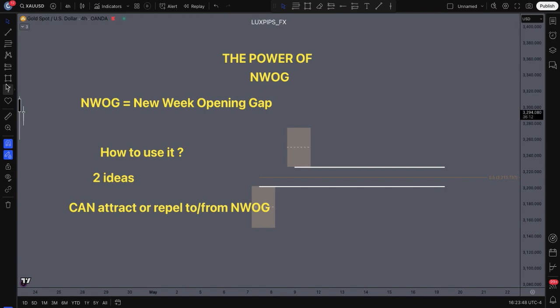And the Enwalk can be used as support and resistance.